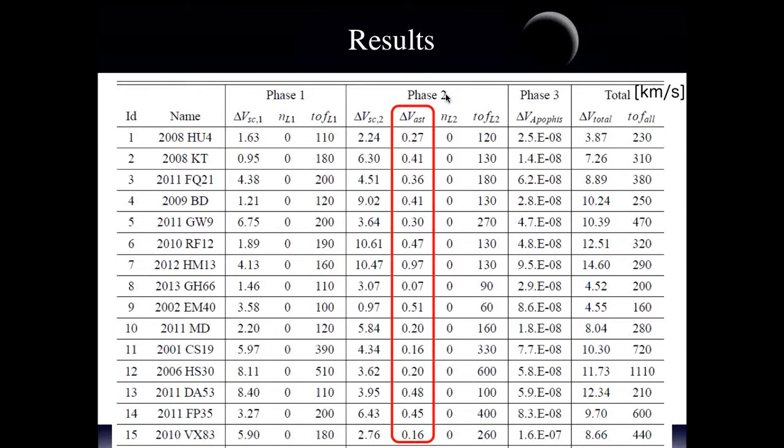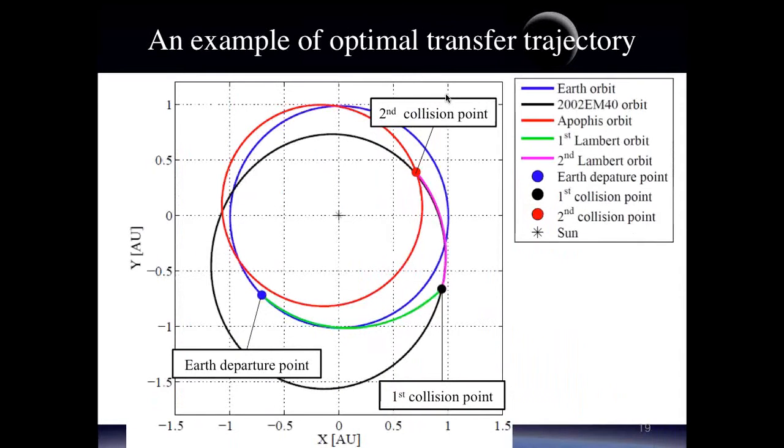And we can also find that the delta V of the asteroid in phase 2 is almost of the same order. So this is the characteristic of our mission. The delta V of the asteroid is the dominant factor.